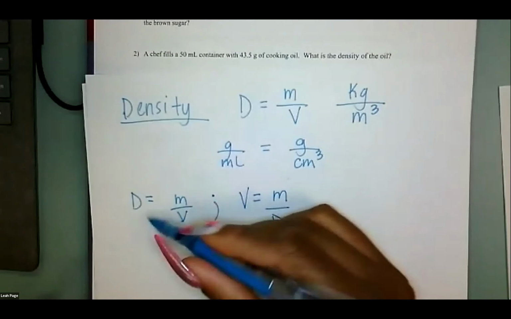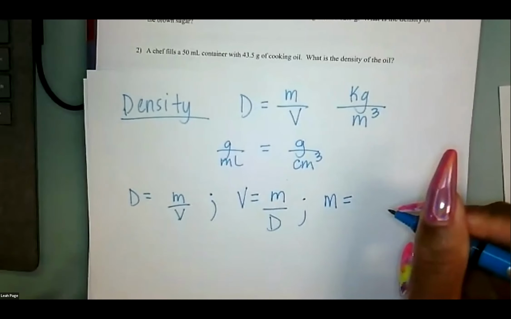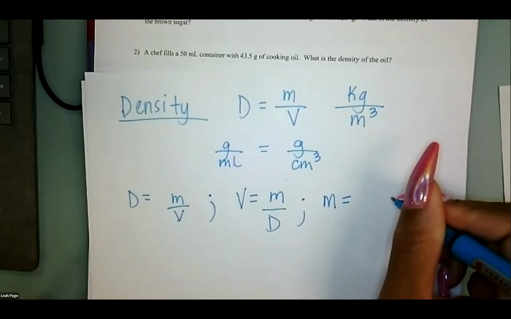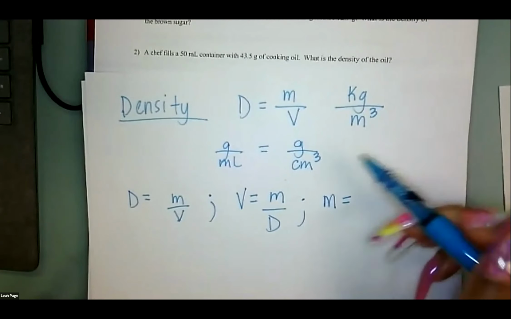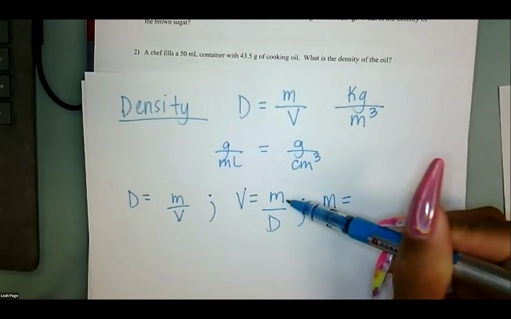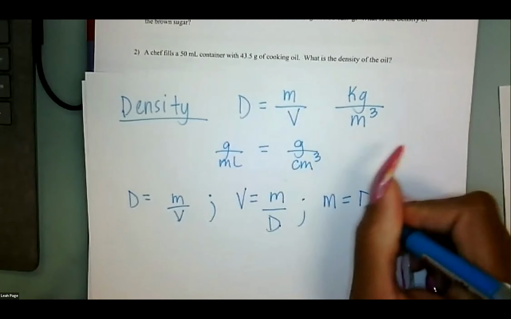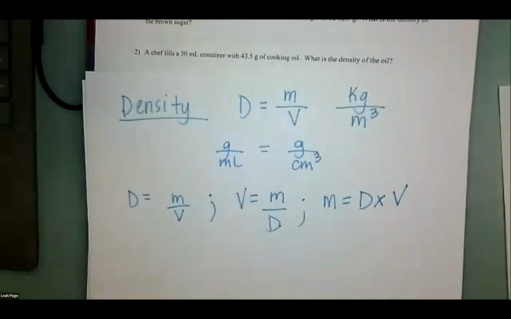I'm just switching places with the V and the D. And if we wanted to solve for mass, we have to do the opposite of what's happening to M. M is being divided, so we multiply the density by volume: mass equals density times volume. You are expected to be able to rearrange this equation because the questions might ask you for the volume, the mass, or the density. If you're having trouble, just let me know and I can quickly show you how to do it.